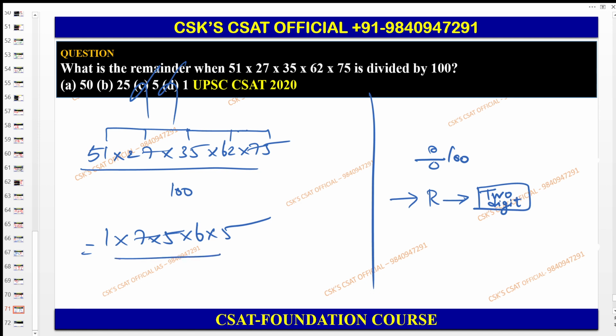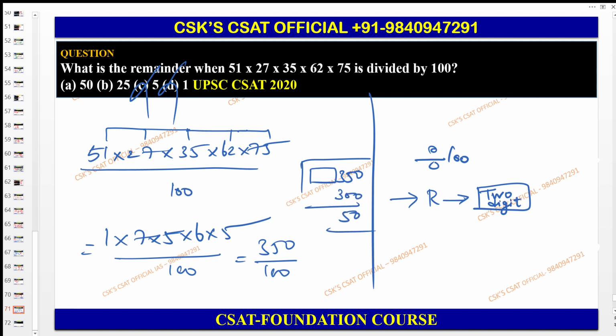Yes, 350 means a 3-digit number. Whatever be the rest of the number, leave that. When the 350 last 3 digits, obviously here you can write 300. So what is the remainder? 50. That's it. The answer for this question is 50. Everyone understood? Very basic skills only are needed to solve this kind of questions.